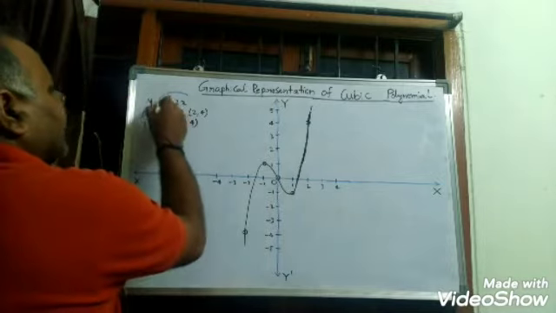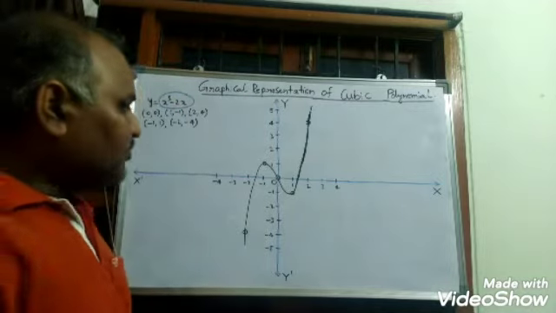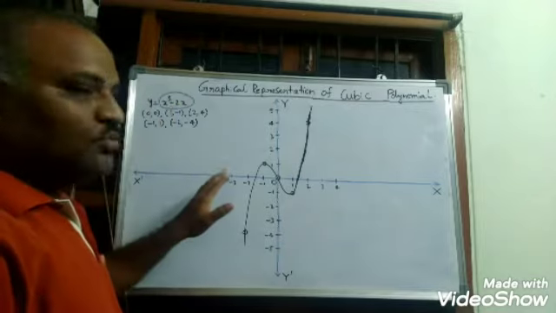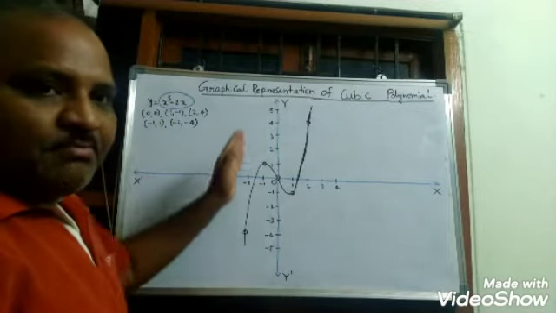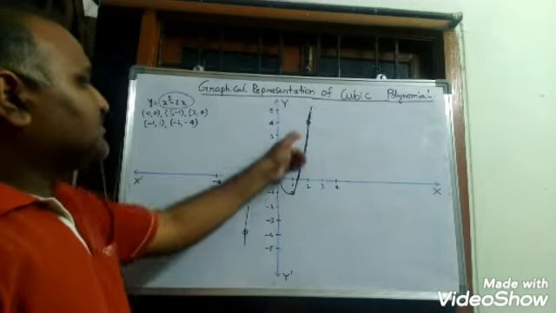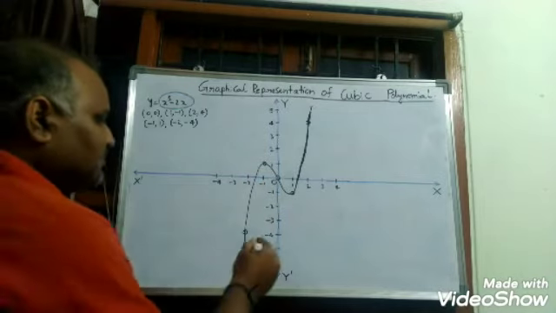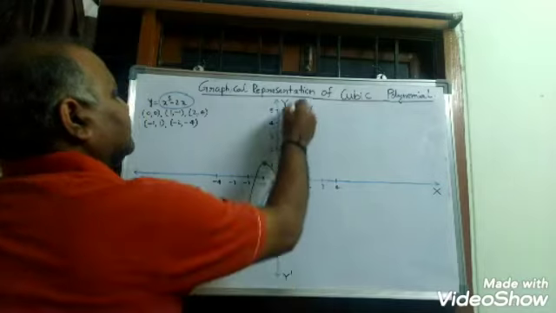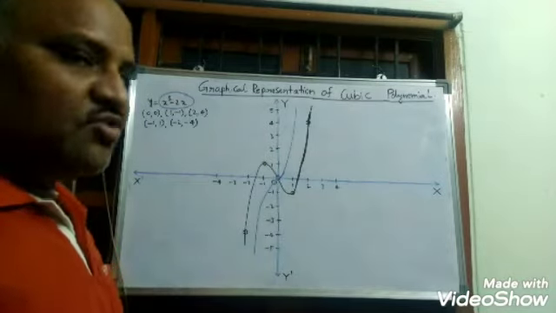Here we have x cube minus 2x, we got in this shape. If we have just x cube, y equal to x cube, that will be in a different shape. That will be just like this, in this manner. In this way we can have y equal to just x cube.